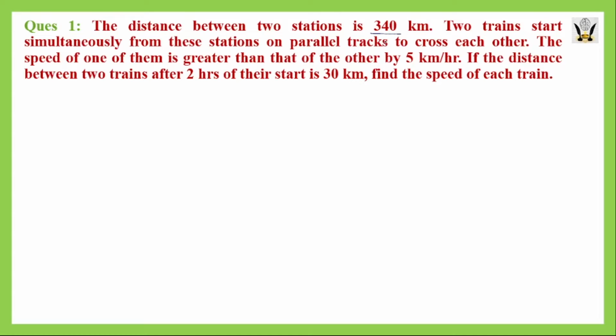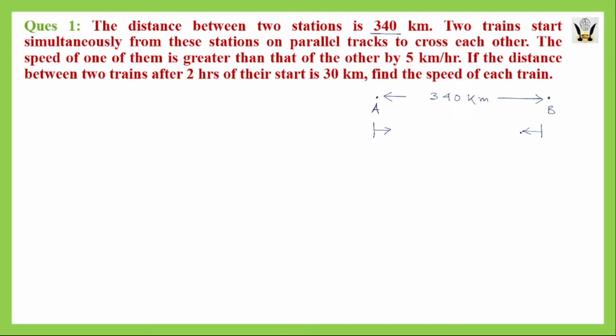Suppose we have station A and station B, then the distance between these two stations as per the problem statement is 340 kilometer. And one train starts from station A and another train starts from station B. Simultaneously they start on parallel tracks, and after some time they will cross each other.